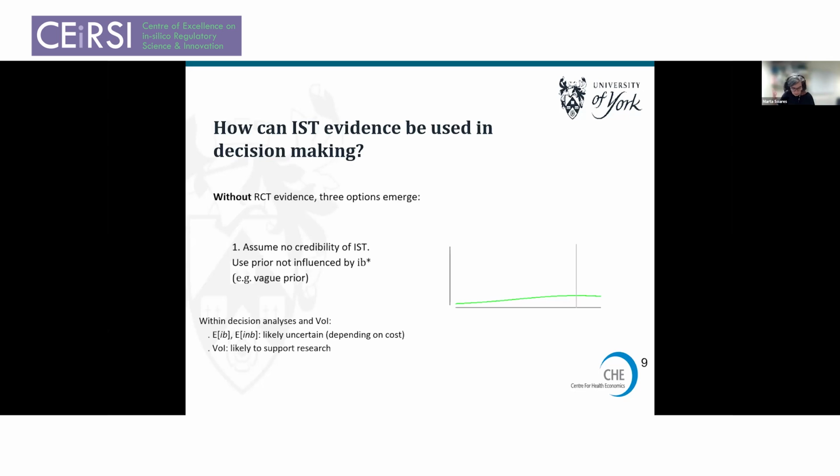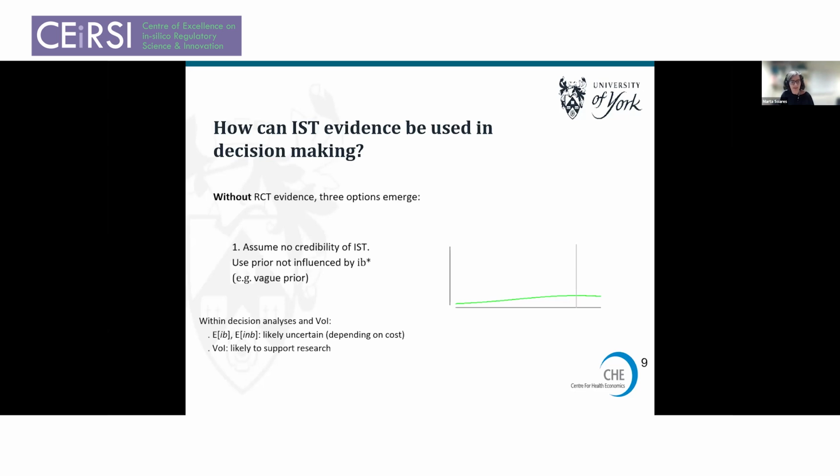So it's likely to be using other evidence, and likely to be very vague or uninformative in the absence of other evidence. If you're coming from a statistical background, you'll see that the use of the term prior refers to Bayesian statistics, and Bayesian statistics really is a useful framework to use here because it allows us to make direct probability statements about particular parameters.